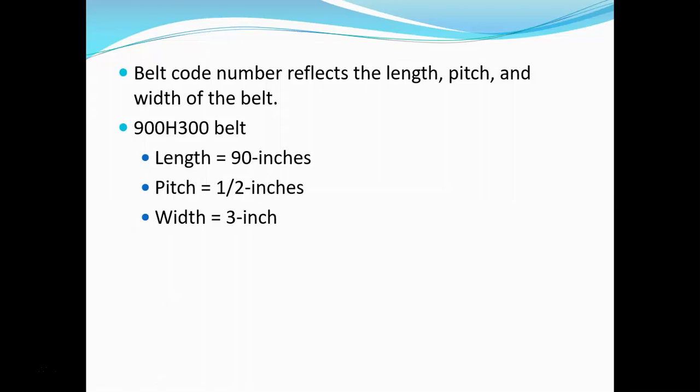Or a 3-inch wide belt, that makes sense. So if you can remember the placement as well as the length, pitch, and width, and you forget where the decimal place is on the width, if you put the decimal place at the 10th and you think it's a 30-inch wide belt, well, that doesn't sound right. So just remember that the decimal place goes at the 100th. You have the length, the pitch, and the width.